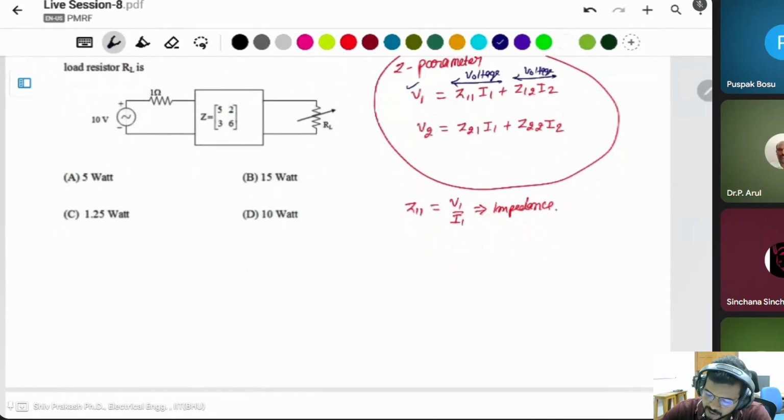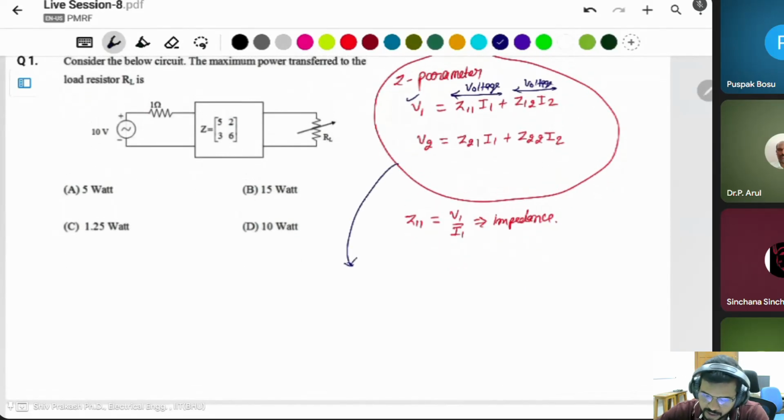Simply, I want to draw this circuit. Suppose there is a two-port network. V1 is here and current I1 flows through it. For the V1 equation, there is an impedance directly on the input side, known as Z11. Then there is an impedance and a current, which is the secondary side current.